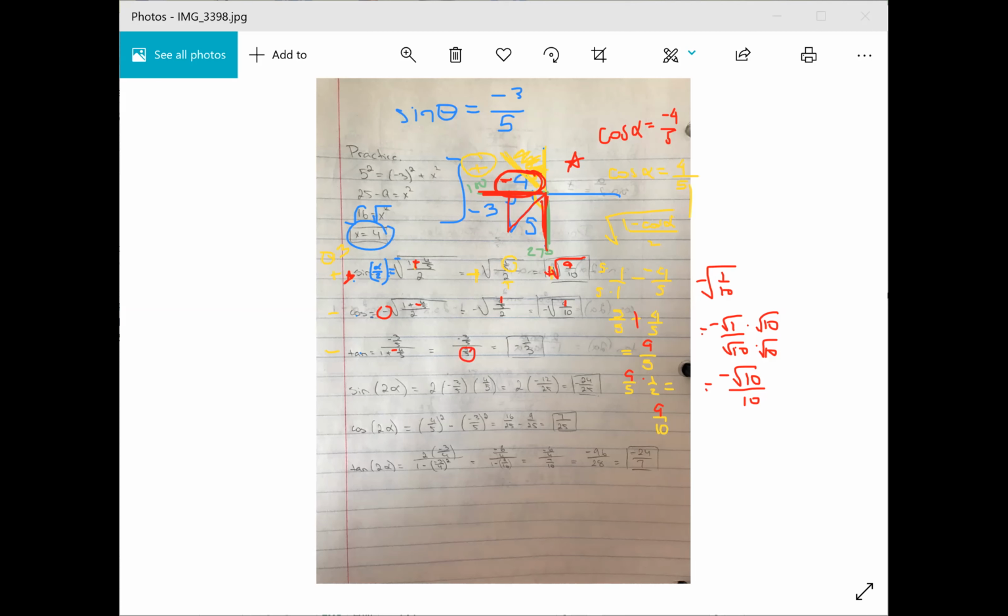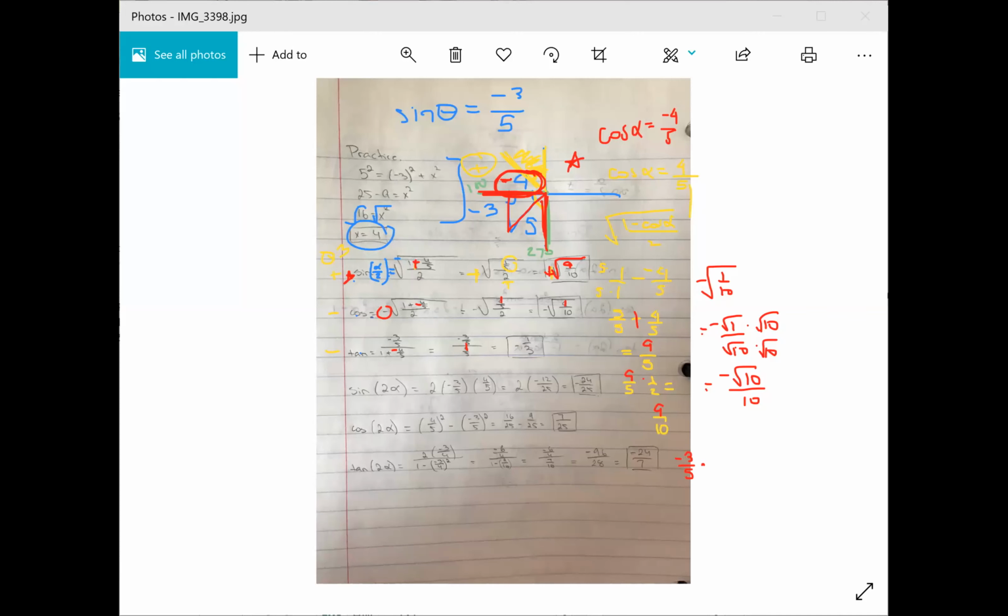No, it's not. Wait, hold on. That's just 1 over 5. And then you have negative 3 over 5 divided by 1 over 5. So you're doing the keep, change, flip. I'm going to do that on the side. That way everyone can see it. So you have negative 3 over 5.